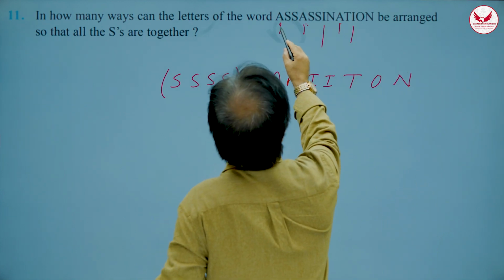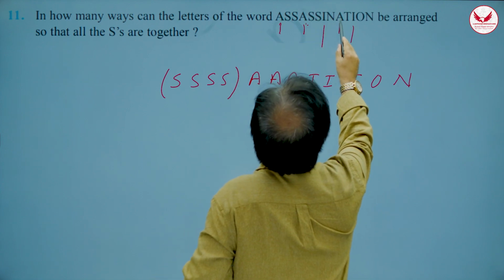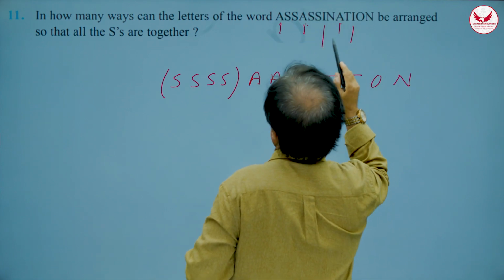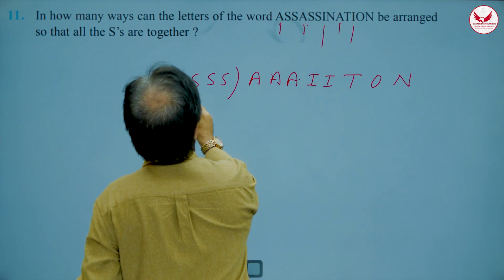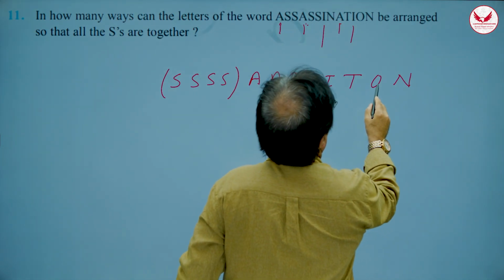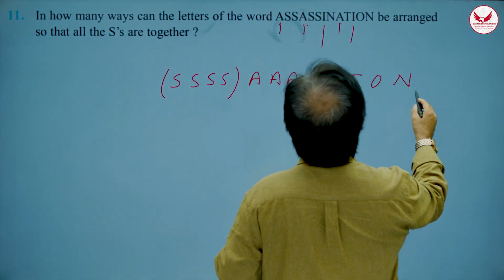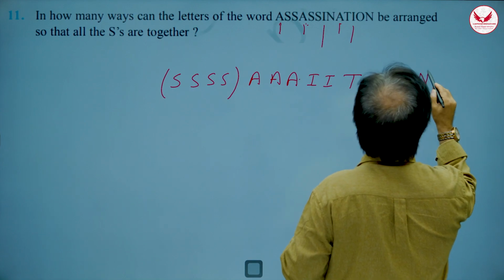So the number of letters here: 1, 2, 3, 4, 5, 6, 7, 8, 9, 10, 11, 12 and 13. So we should account for 13. I think one letter is left. N is repeated twice. That's all.